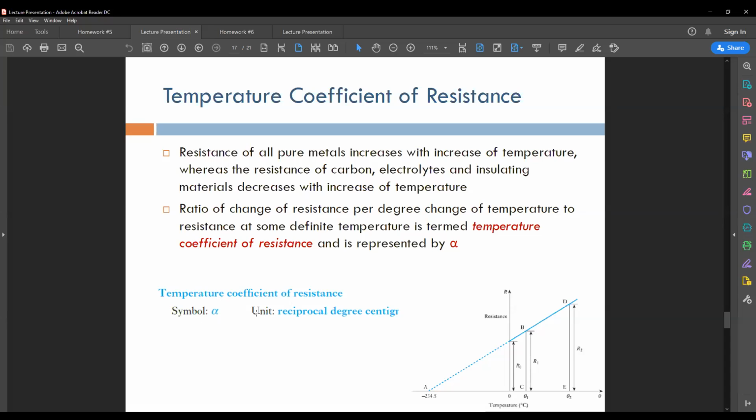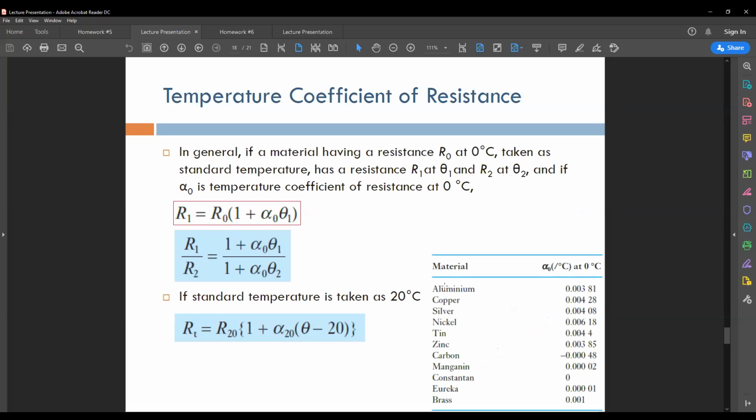Okay. So if you want to describe a linear curve like this, you're going to find that the equation looks like this. Theta here is the temperature, okay? The temperature relative to a certain degree. For example, if you have alpha 0 here, this is a temperature coefficient of resistance at 0 degrees centigrade, meaning that this theta should be relative to 0, okay?